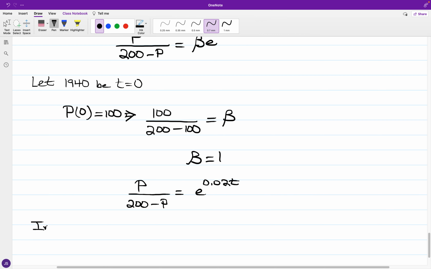And if I look now at the numbers, if I'm looking at the year 2000, so in 2000, you're looking at 60 years from 1940.